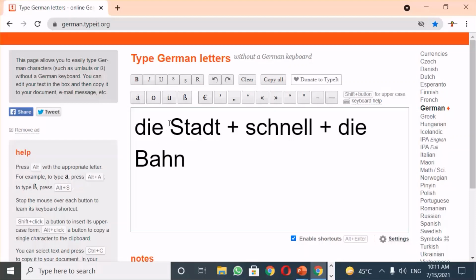So in this case, die Stadt is the city, schnell is an adjective which means fast, and die Bahn, which is the train. So any express city train is die Stadtschnellbahn.